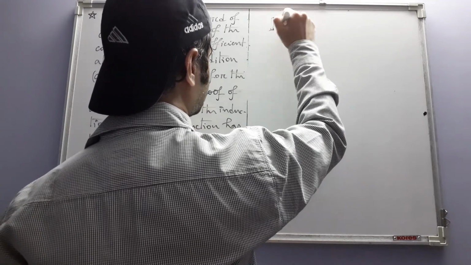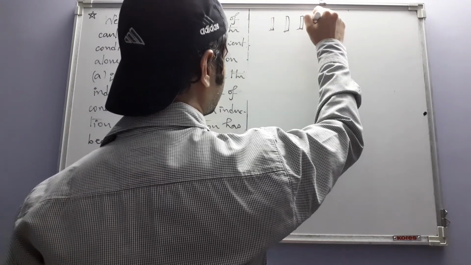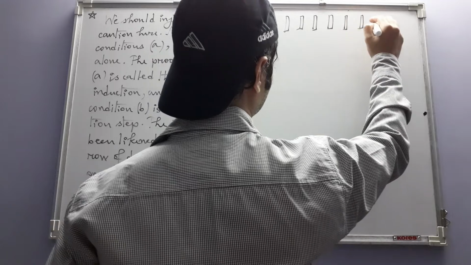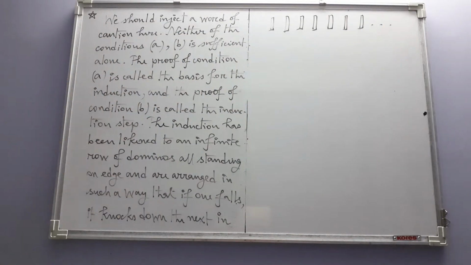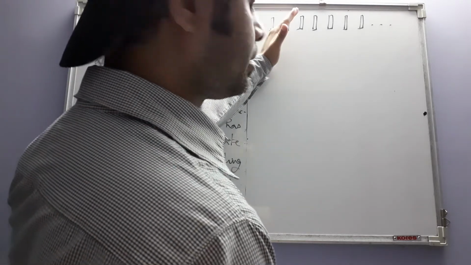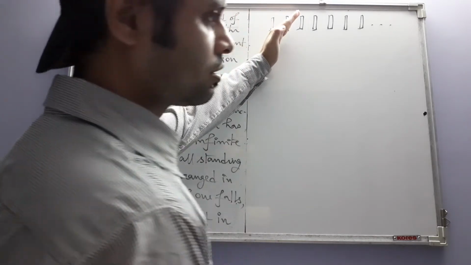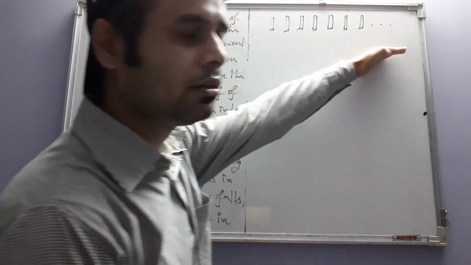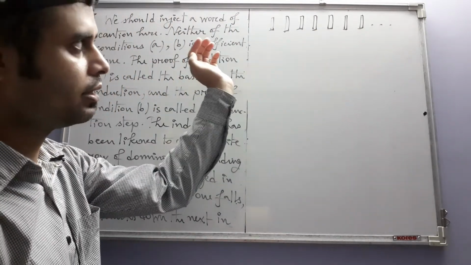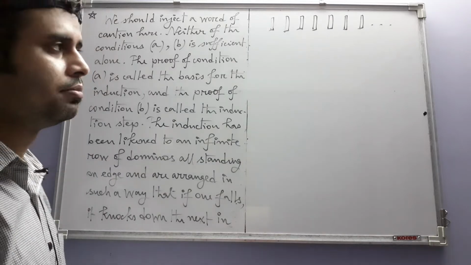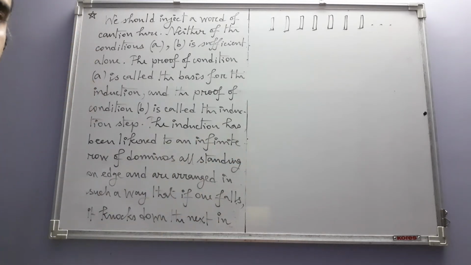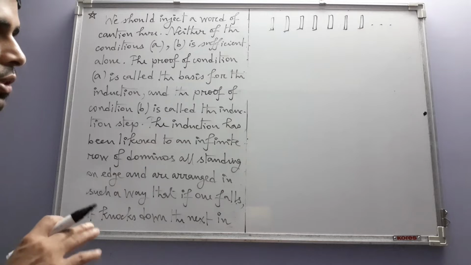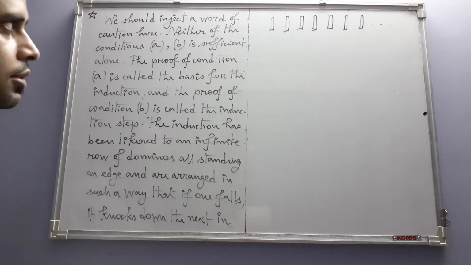It's like this. And they go on like that. So if one falls in this direction, it will knock this one over, which in turn will knock the next in line, and that effect will propagate down the line, and ultimately all the dominoes will fall. Of course, in this sense, it will take infinitely long for the whole line to fall, but just for the sake of analogy, you can understand what I am trying to say here.